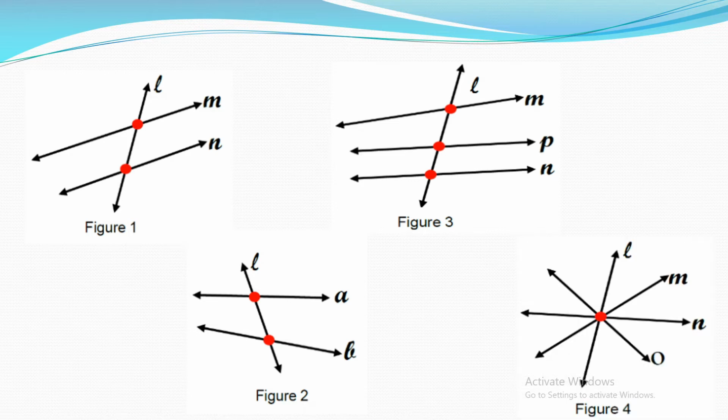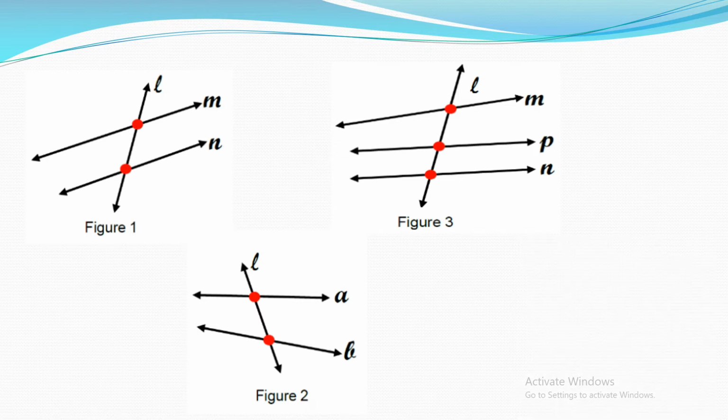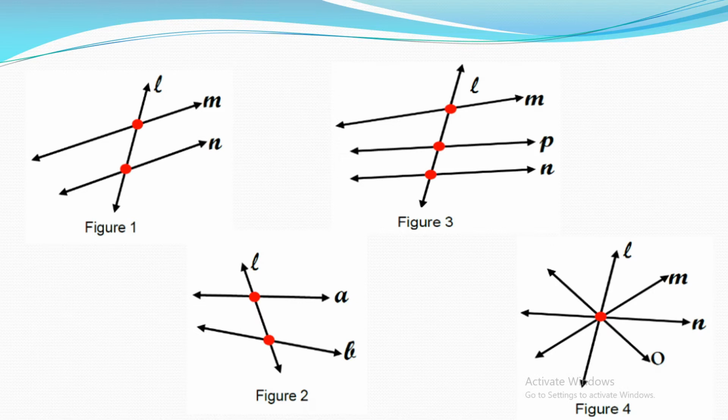Now on this fourth figure, we have again line L and 3 other lines, line M, line N, and line O. Can we consider line L here a transversal?